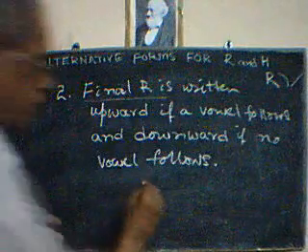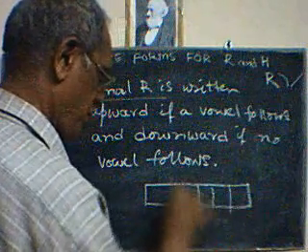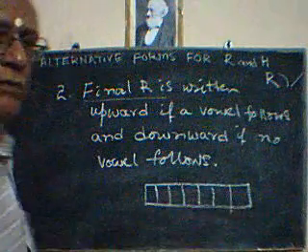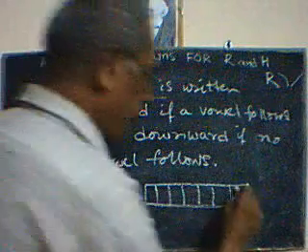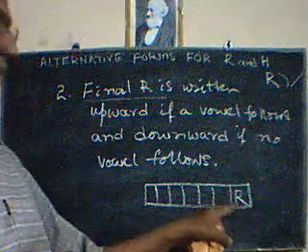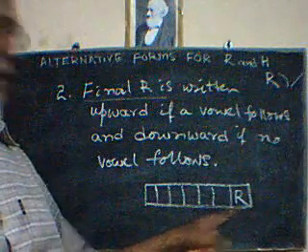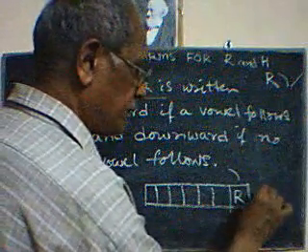Final R. That means in a word, a composition of consonants and vowels, final R is written downward if there is no vowel.